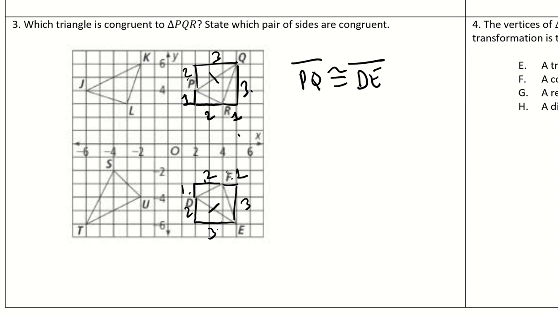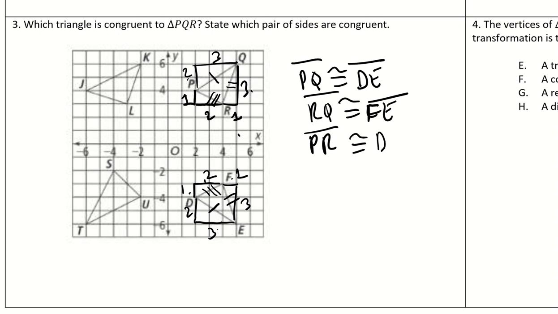And then the RQ side matches the FE side. And then this side obviously has to match because that's the leftover side. That's congruent to the FD side.